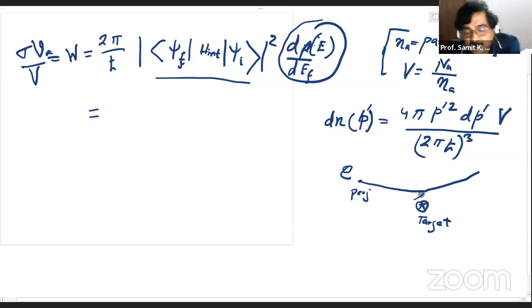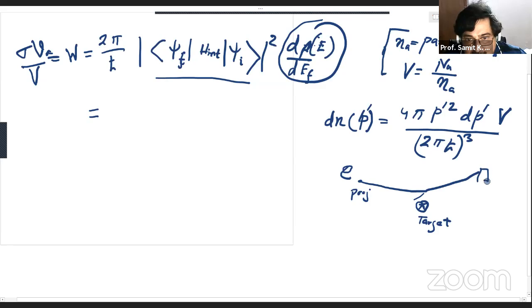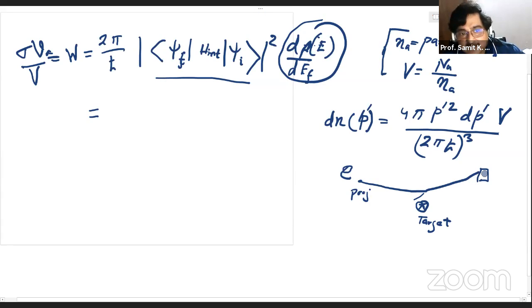Therefore I can consider this scattering process a stationary process, and then I place my detector here, which can collect the information of the electron used for this scattering experiment.